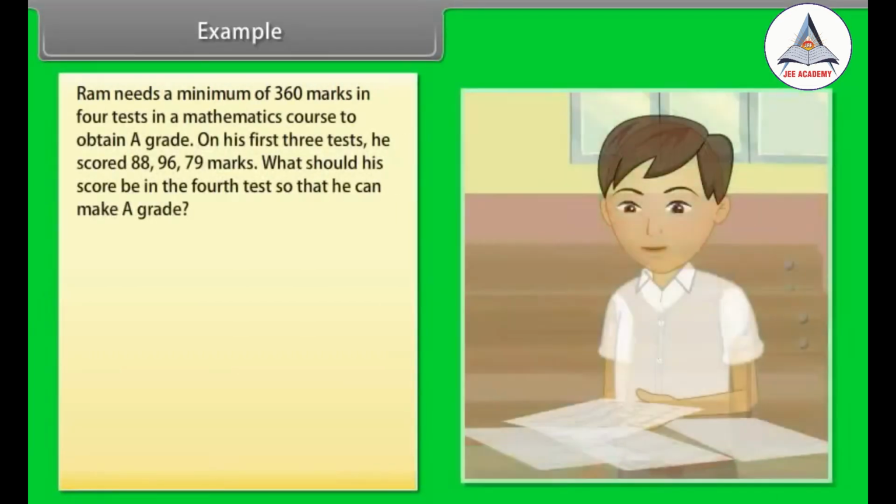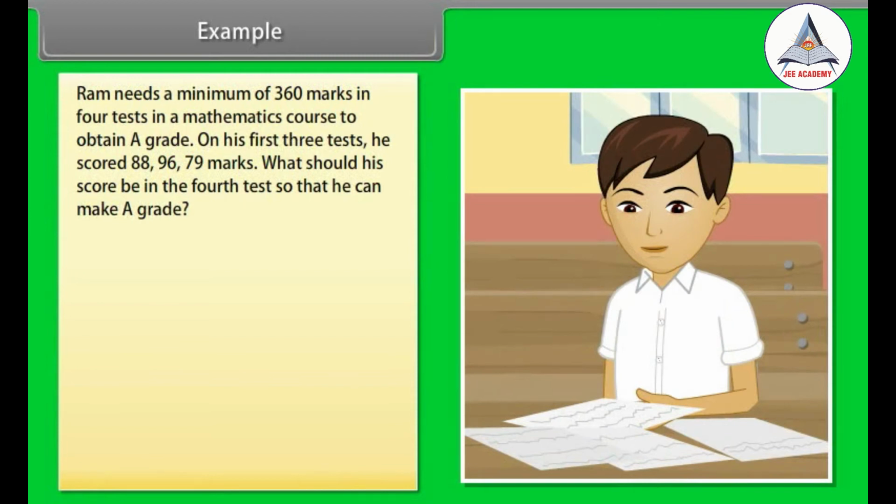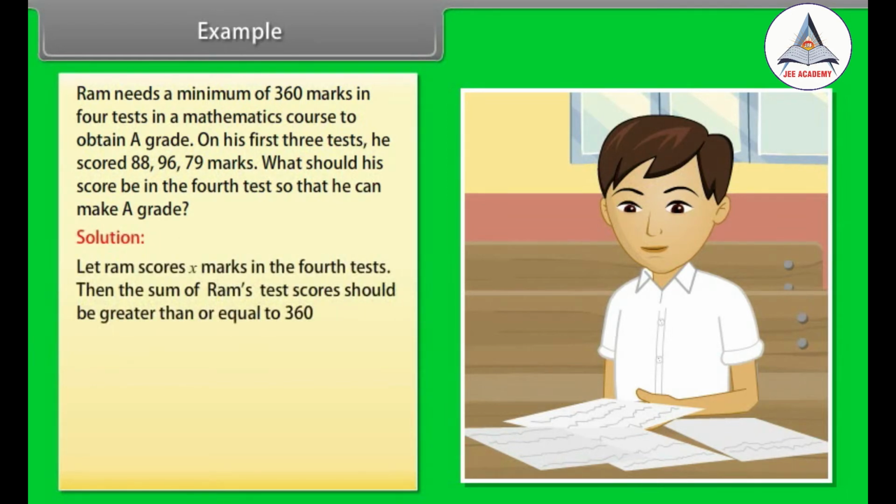Example: Ram needs a minimum of 360 marks in 4 tests in a mathematics course to obtain A grade. On his first 3 tests, he scored 88, 96, 79 marks. What should his score be in the 4th test so that he can make A grade? Solution: Let Ram score x marks in the 4th test.